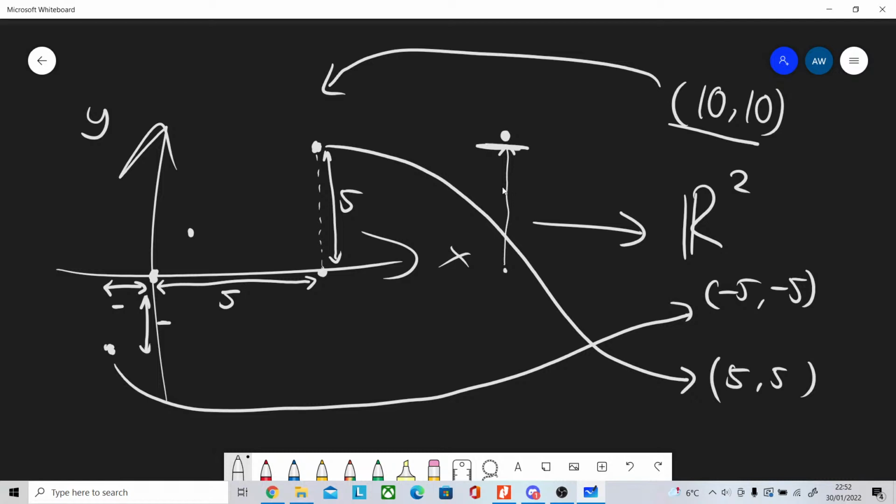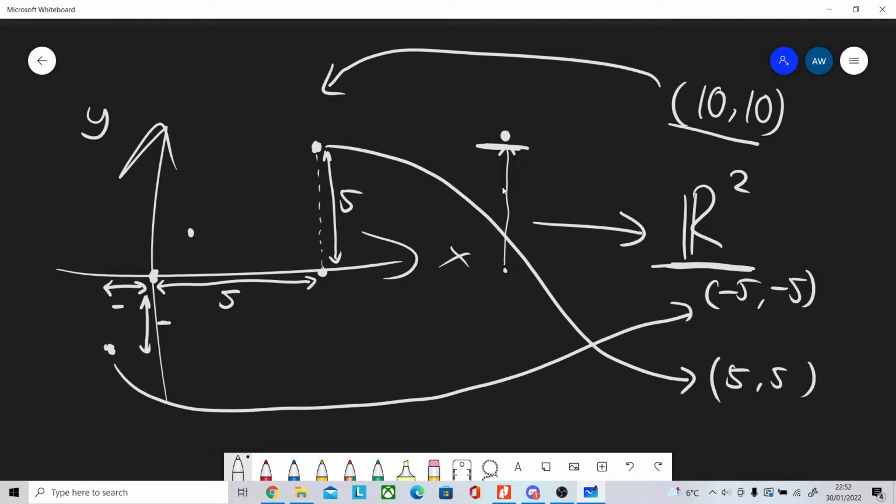This is the domain, this is the codomain. There are instructions that allow us to map points on the domain into the codomain, and then we can flip things around as well. We also have the instructions to map this point back into the plane.